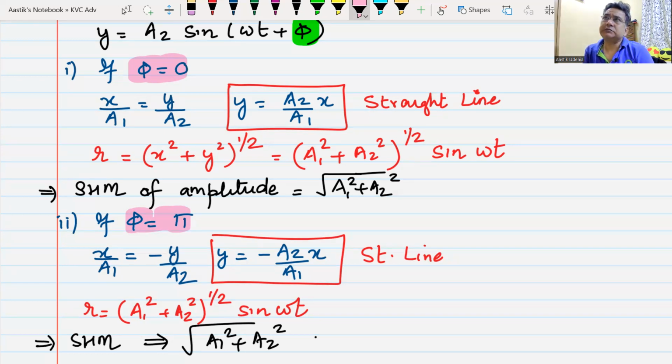Between these two, I think the phase difference would be 90 degrees, because if the first SHM has a positive slope, that means when x is increasing, y is also increasing, right?